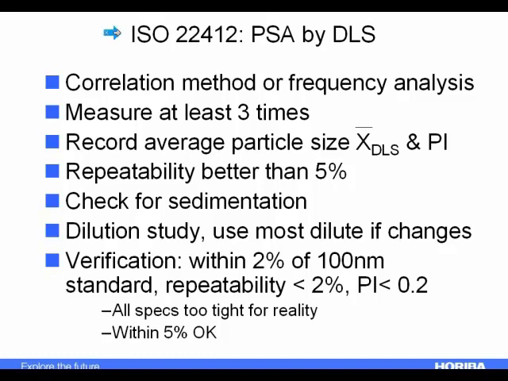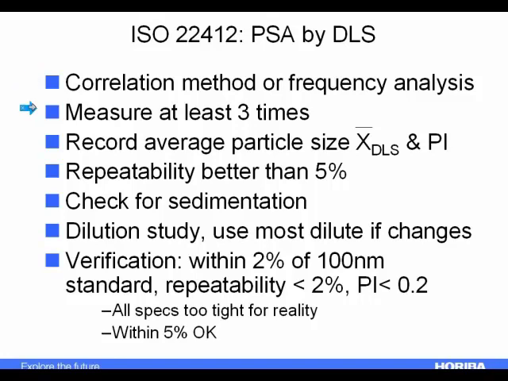On a slide like this, what I'm going to show you, though, is what is suggested through the agreed-upon ISO standard. And for particle size analysis by dynamic light scattering, the ISO standard is 22412. This is an updated version of the previous one, which was just for instruments using correlators. This was written for instruments using correlators or power spectrums.